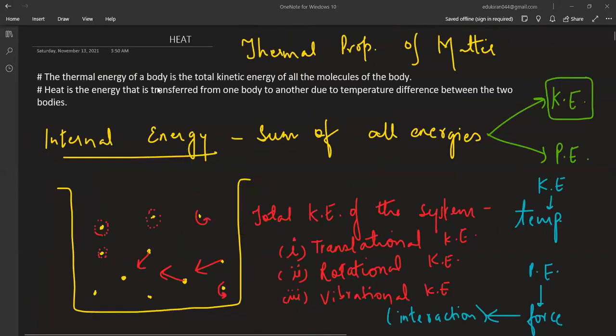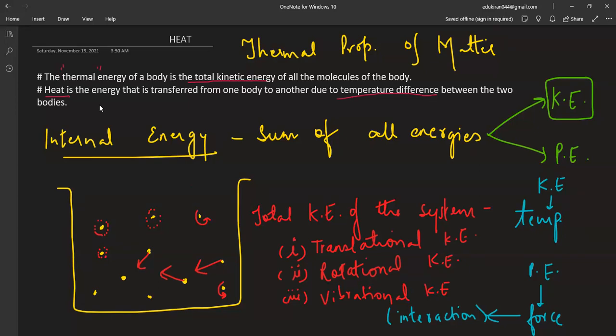So the thermal energy of a body is the total kinetic energy. I told you temperature is related to kinetic energy. And heat, what is heat? Heat is the energy that is transferred from one body to another due to temperature difference between the two bodies. I hope I'm clear to all of you regarding this.